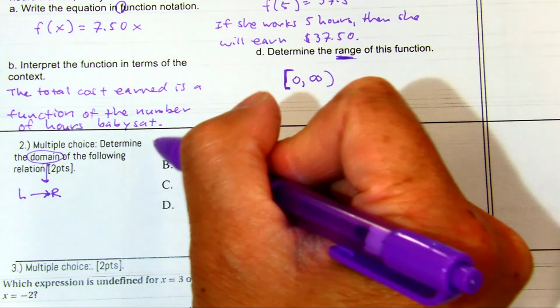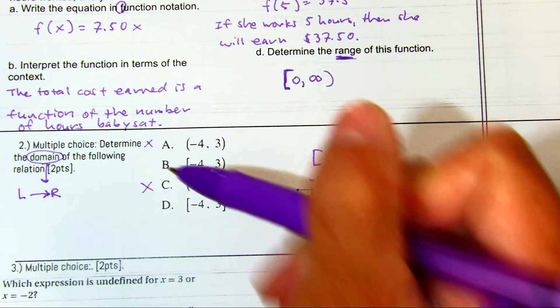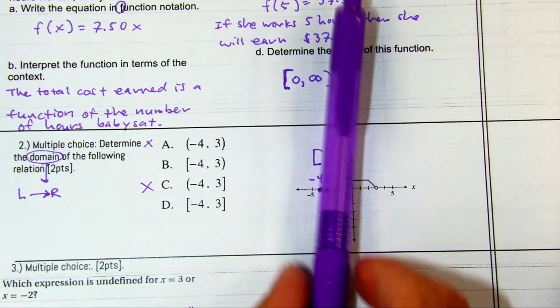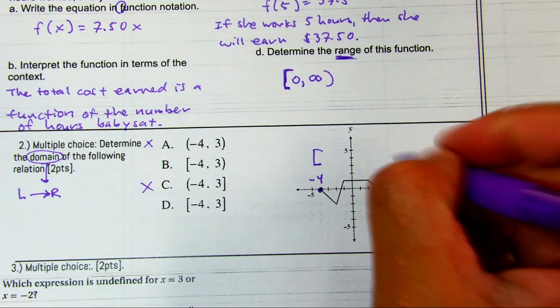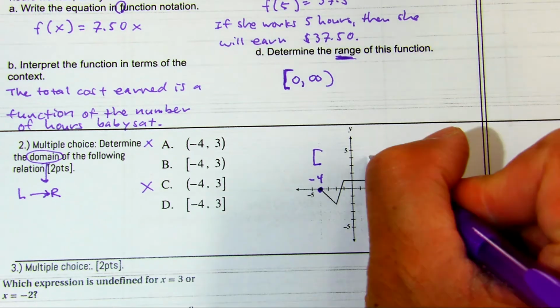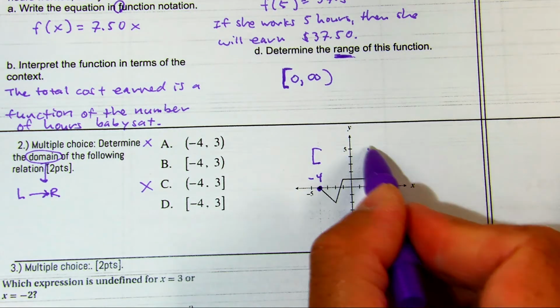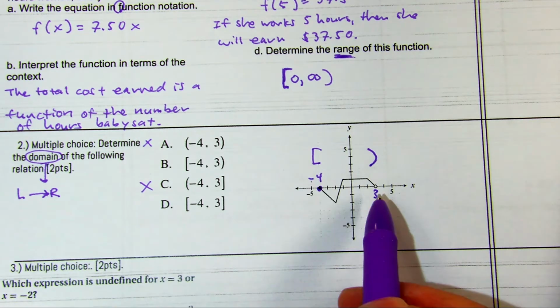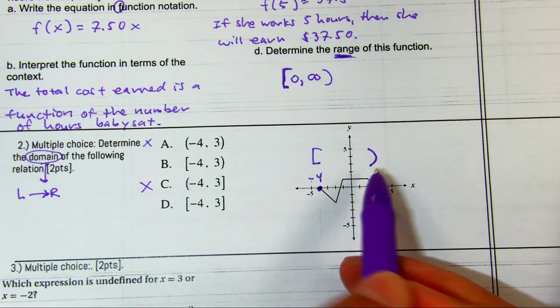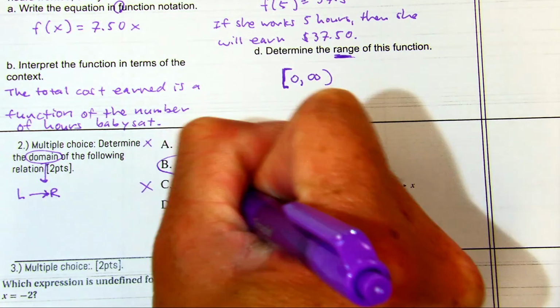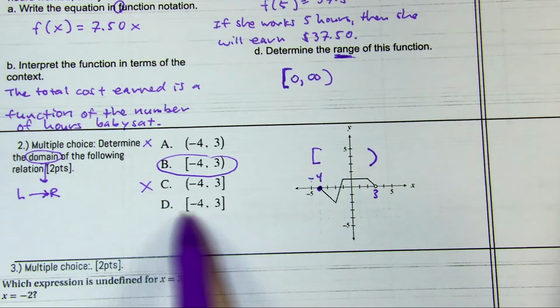So as I go towards the right, the last thing I touch here is at 3, an open circle. Open circle means do not include that value, or a parenthesis. So I should have [-4, 3), and that would be choice B. D is wrong because of the bracket.